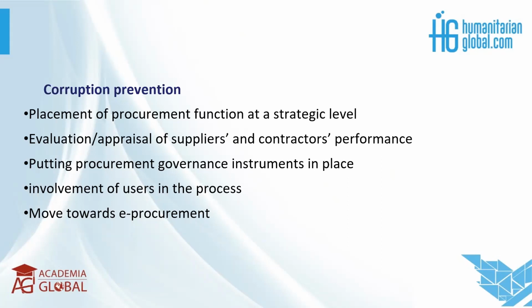The other one, which I encourage all of us to move towards, is e-procurement. E-procurement allows visibility and eliminates manual processes. We are able to track everything from one place to ensure that we curb and minimize corruption.